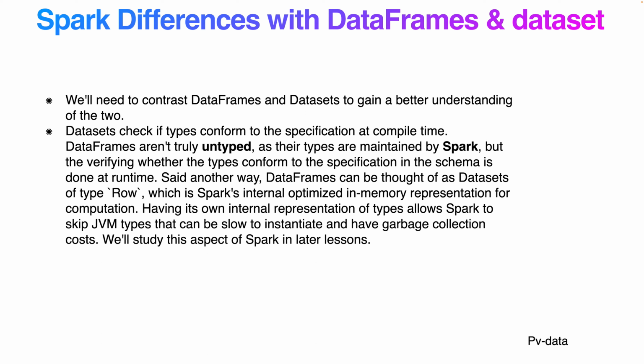Said another way, DataFrames can be thought of as datasets of type Row, which Spark internally optimizes in memory representation for computation. Having its own internal representation of types allows Spark to skip JVM types, which can be slow to instantiate and have a garbage collection cost. We will study these aspects later. So this is some kind of benefit: Spark does the data checks in some places and the JVM does in others.